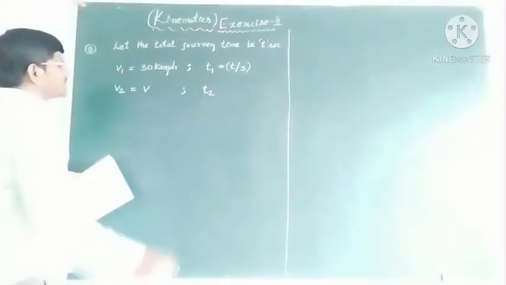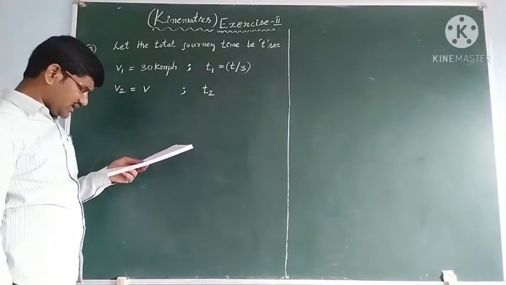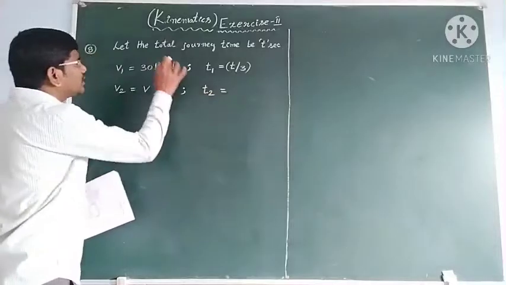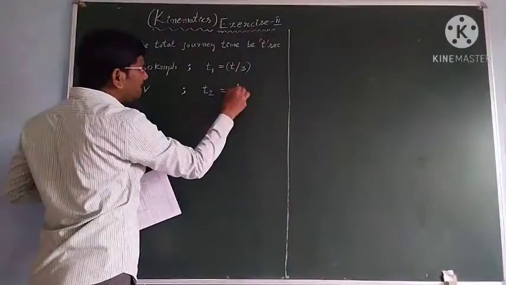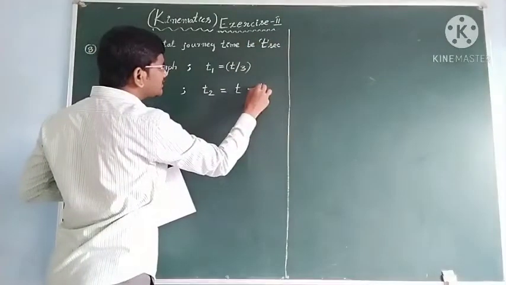V1 value we have taken and V2 value we have taken. So during the remaining journey time, he travels with a speed. So T2 means total time T minus, you have to do what, students? T1.